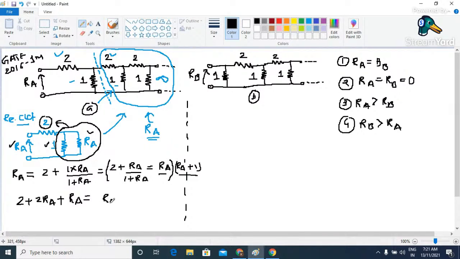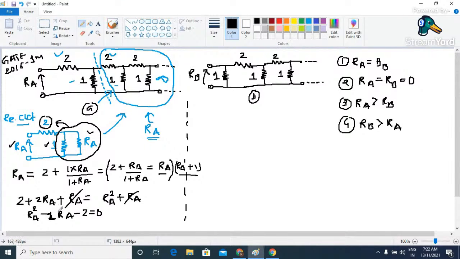So here we are going to have RA square plus RA. Now if you further solve this, you will have RA square, then this 2RA is shifted to the right hand side, so it will be minus RA, or simply you can cut them because these RA and RA will get cancelled. So here we have minus 2 times RA minus 2, it is going to be equal to 0.